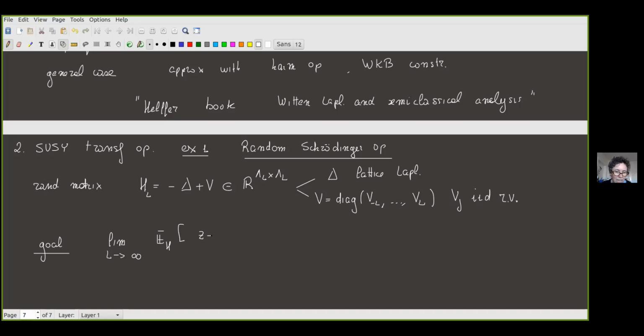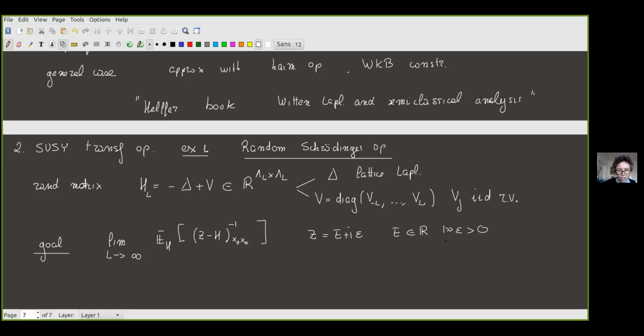So I'm taking Z minus H inverse, and I'm computing this at the same point, x0, x0. And here Z is E plus i epsilon, where E is a real number and epsilon is positive, and normally epsilon is very, very small.